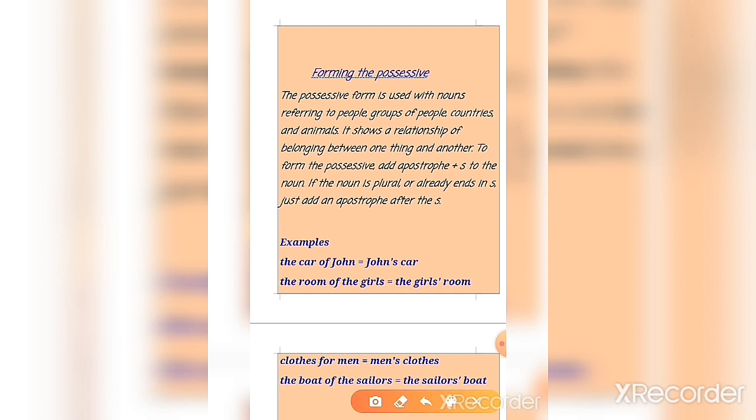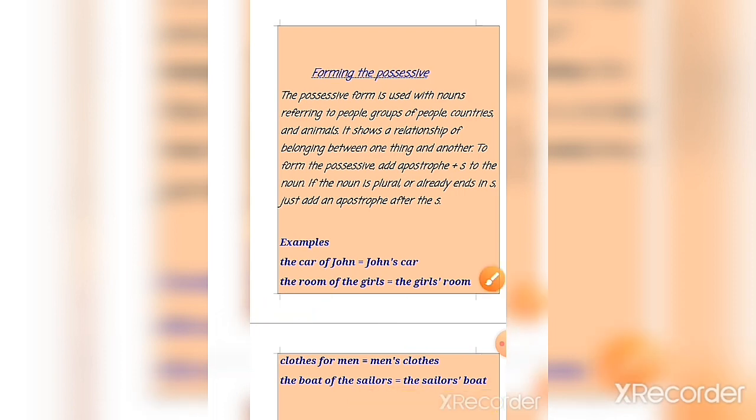Okay, it says that first of all, to the noun you have to add an apostrophe and then s. Clear? That is for a singular noun. What about plural? Let us see. If the noun is plural and already ends in s, we will just add an apostrophe.